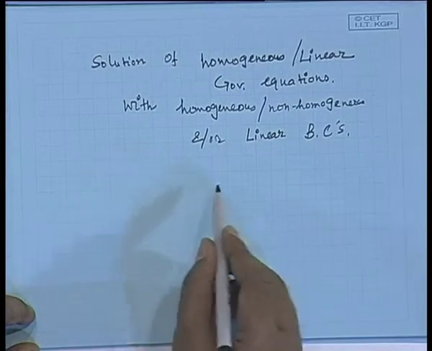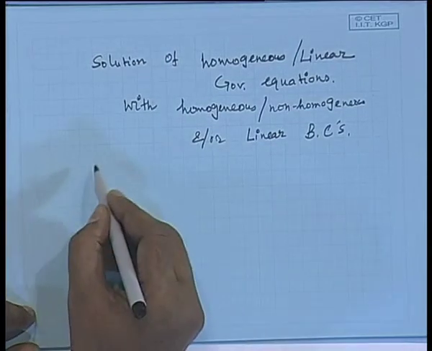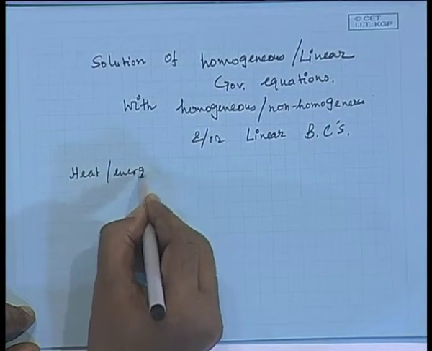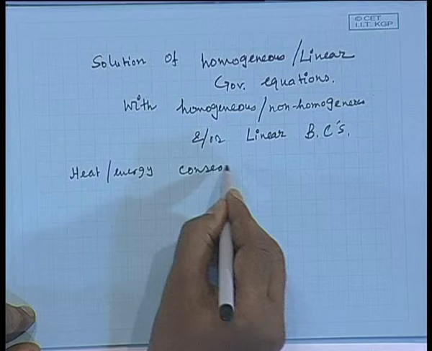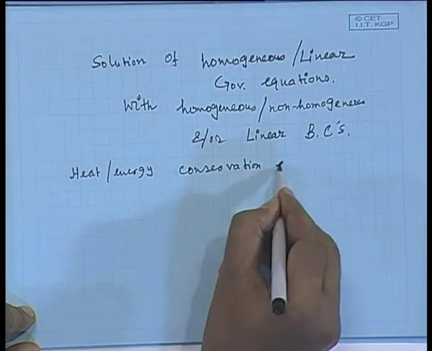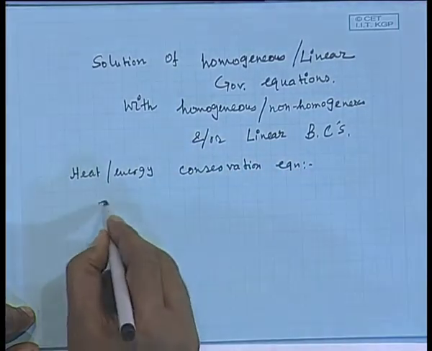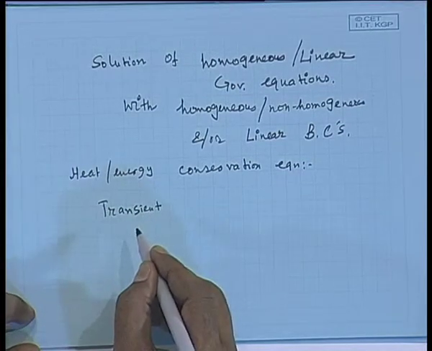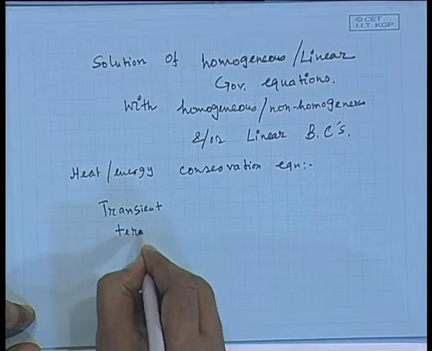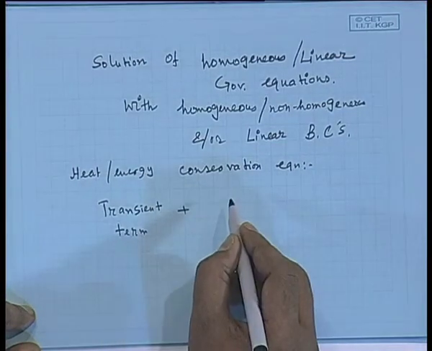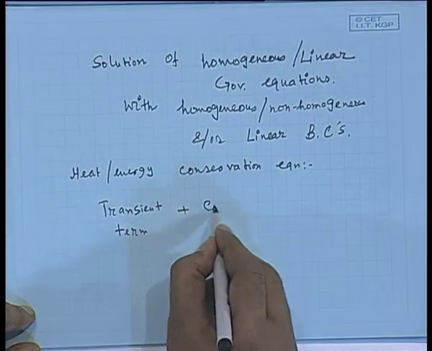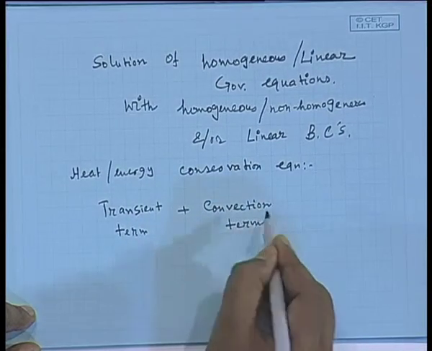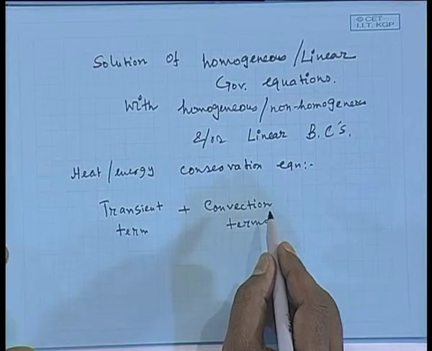So, there will be a generation term. If you look into the energy conservation equation, the first term will be the transient term, rho Cp del T del t, then you will have the convective terms. In case of pure conduction, these convective terms will be equal to 0.